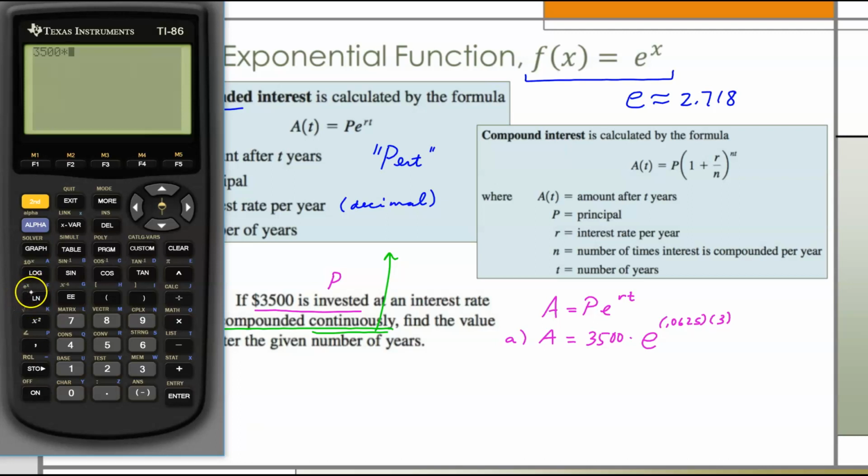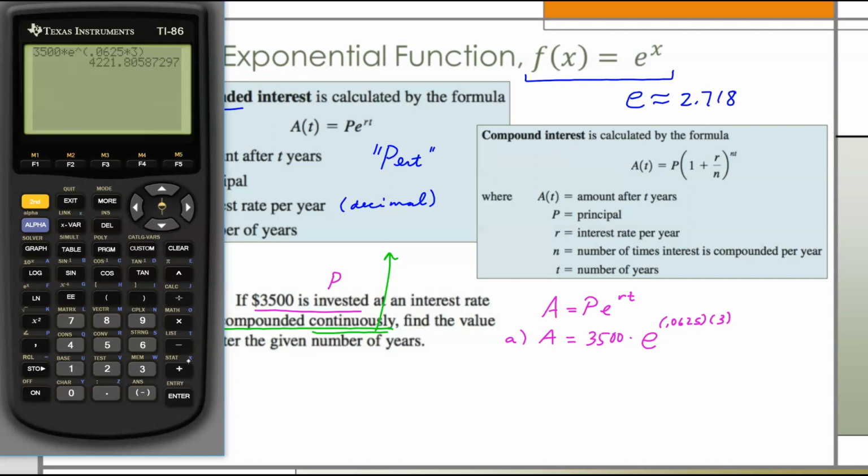Now, to get to it, I have to use the second button. So I'm going to hit second and then E. Okay, depending on the calculator, you may or may not have to put in your own parenthesis. For this one, I do. But in parenthesis, we need the entire exponent, 0.0625 times 3.